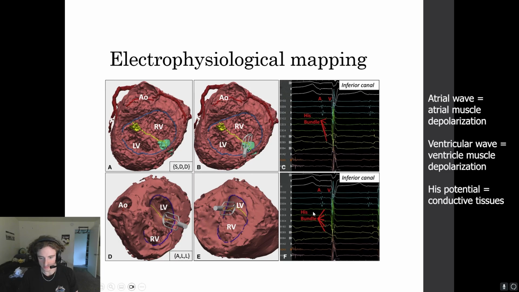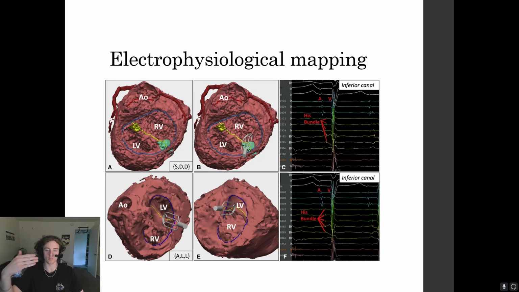Same thing here. We see in this C and B area, you would see this conductive tissue rather than the atrial and the ventricular like waves, right? So this is really one way of mapping out the conduction system, is laying down a catheter and seeing what's sending that His bundle potential, what's sending that conductive tissue potential rather than atrial muscle or ventricular muscle.